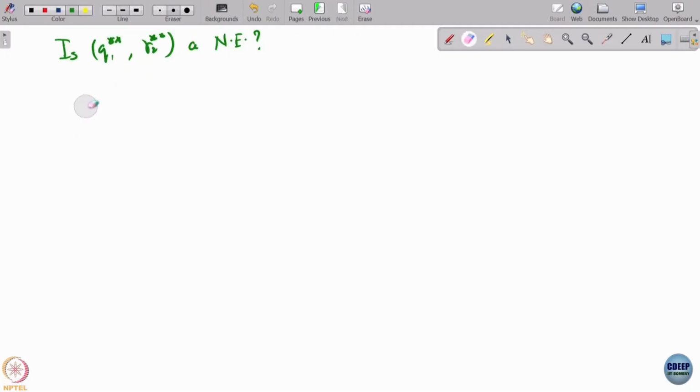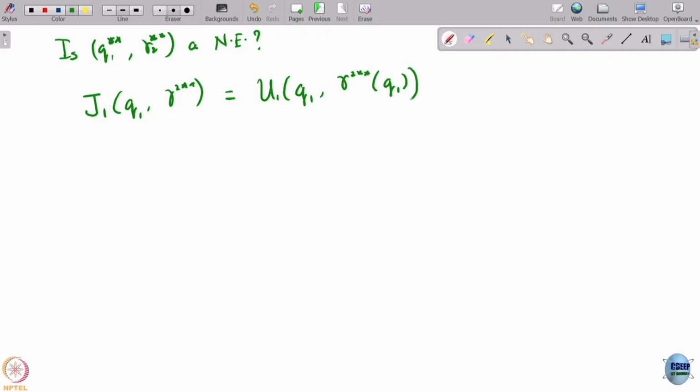So let us look at player 1 first. Player 1 plays a quantity, suppose Q1, and player 2 is going to stick to gamma 2 star star. So he gets a utility U1 of Q1 comma gamma 2 star star of Q1.